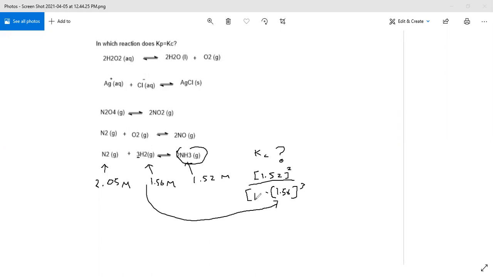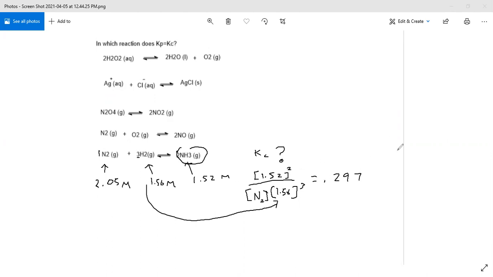Then our N2, and it's not raised to anything because there's only 1. So cool, this is our Kc. And when you solve for it, you get 0.297.